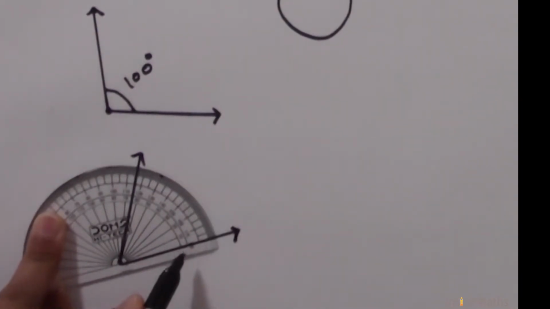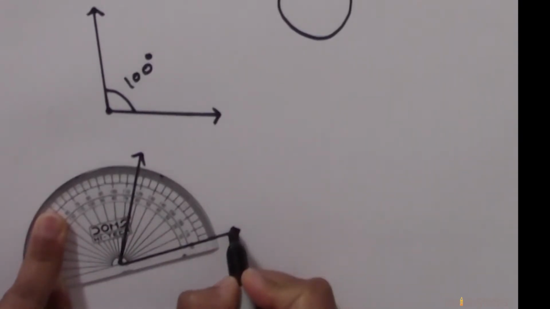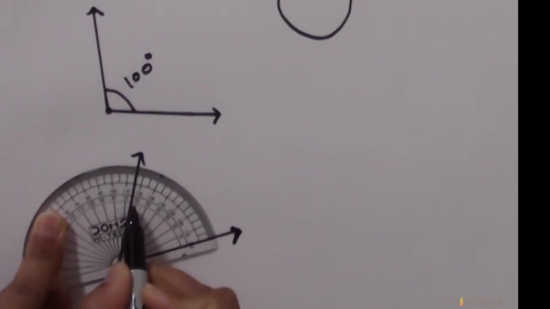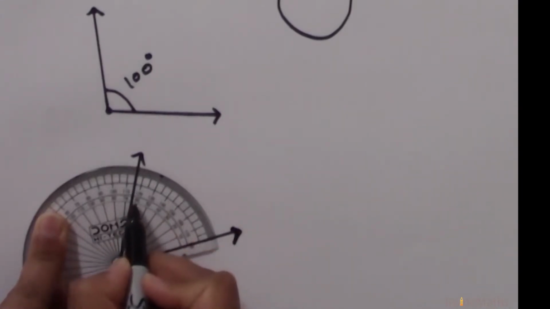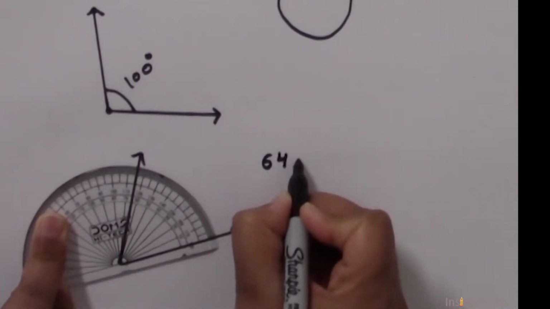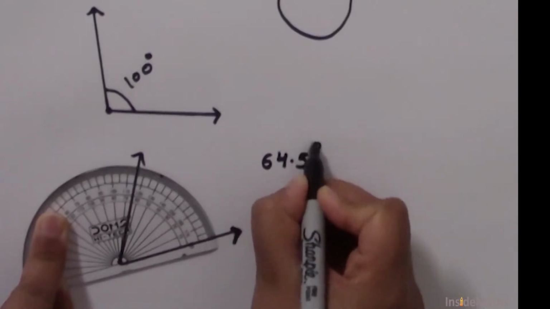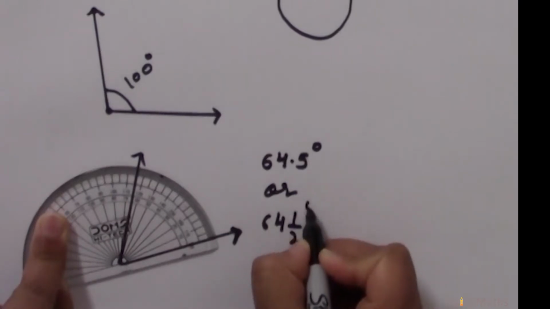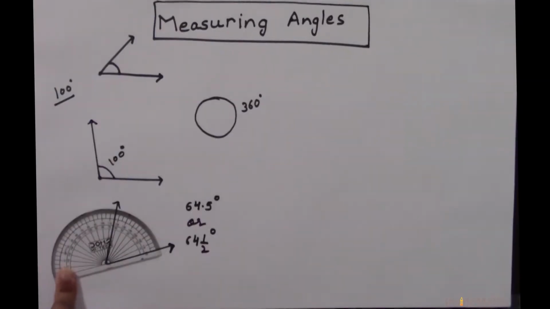Now I'll read these lower line angles as I'm measuring from this side. So 0, 10, 20, 30, 40, 50, 60. 60, it's in the middle of 64 and 65. So this angle is 64.5 degrees. So this is how we measure the angles.